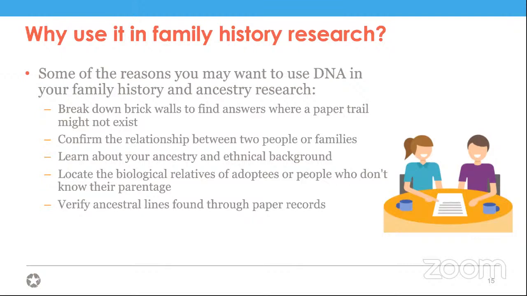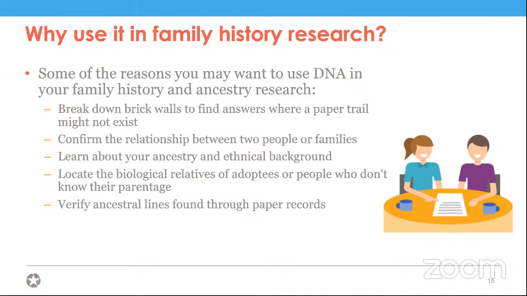DNA can also help to locate the biological relatives of adoptees or people who don't know their parentage. Many times connections are discovered through relatives that can lead to biological parents and other family. DNA is a great way to verify ancestral lines found through paper records. And while paper documentation is a great place to work from, DNA provides other strong means to finding that proof of relationship.